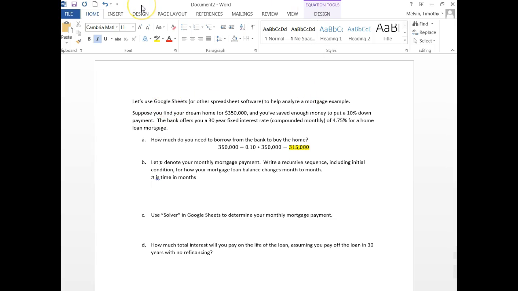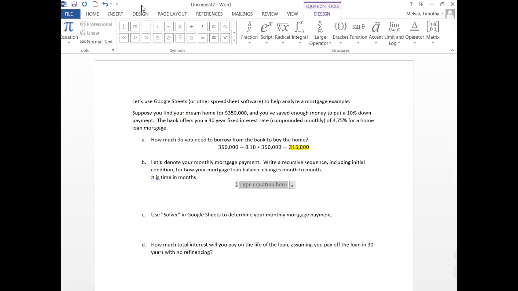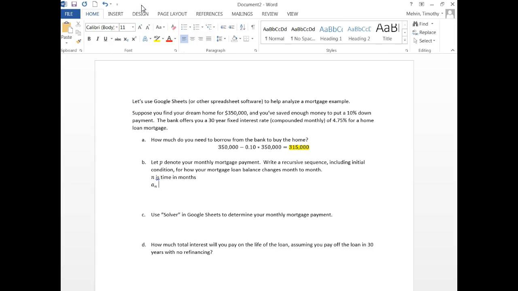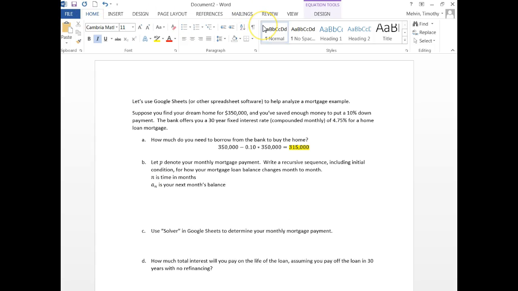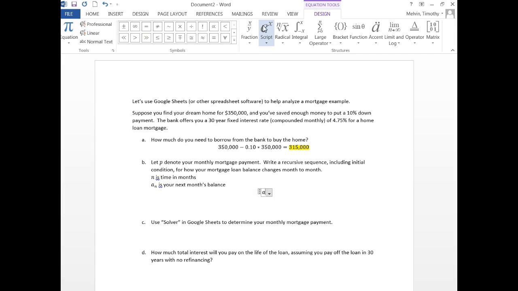And I'm going to use A subscript, A sub n. This is your next month's balance, and we're going to use the subscript A subscript n minus 1.